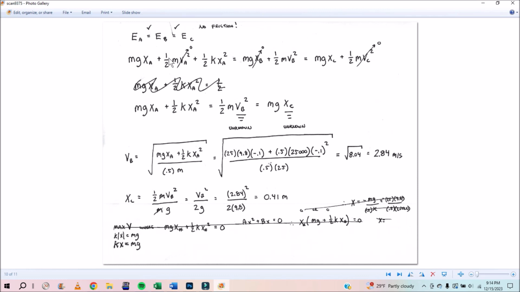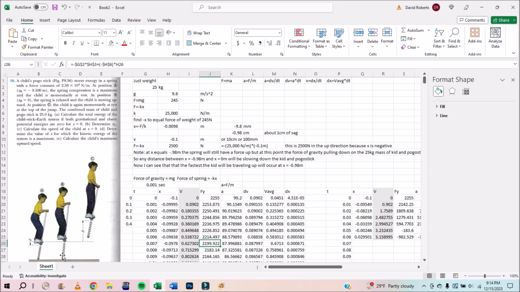Now at the beginning, 1/2 mv squared is kinetic energy with its velocity, but there's no velocity at the beginning, so that's 0. At position B, where the kid's just ready to take off, the spring isn't doing anything. Same thing here. It's totally out of the system. We're saying this is our datum, so there is no more potential energy.